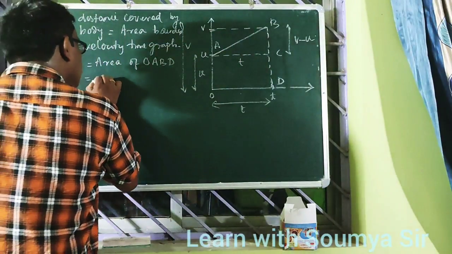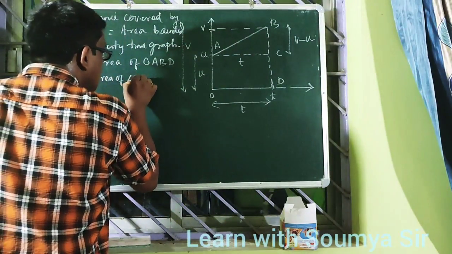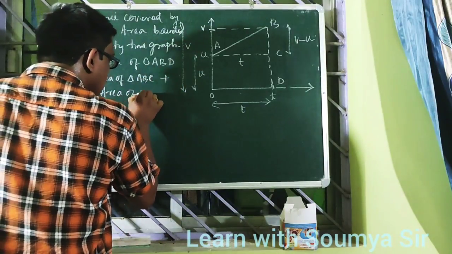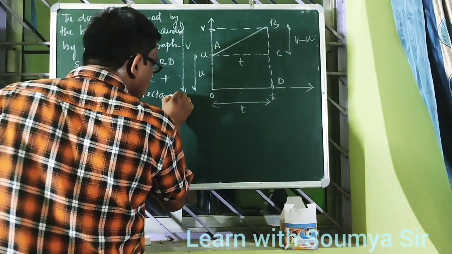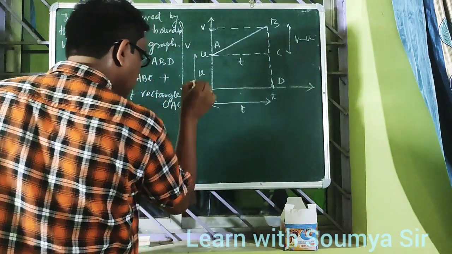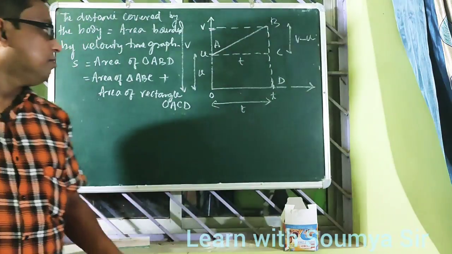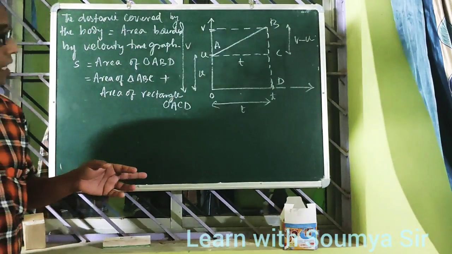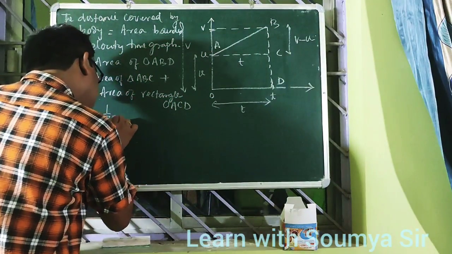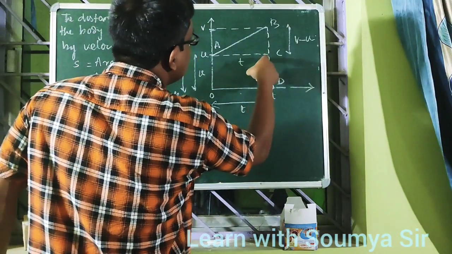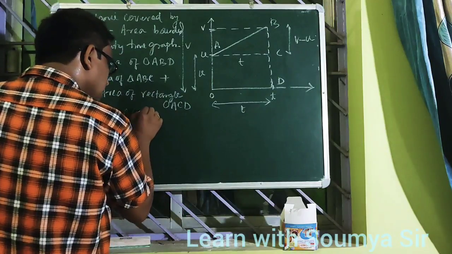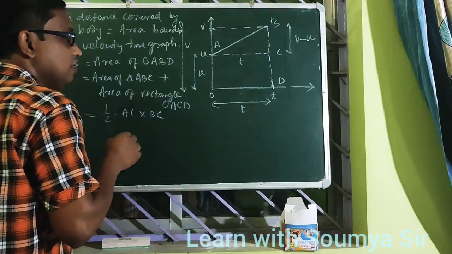We can write it is equal to the area of triangle ABC plus the area of rectangle OACD. Now we can find the area of triangle ABC, half into base into height. So it will be half into base, which is AC, and height is BC. Half into AC into BC. Clear?